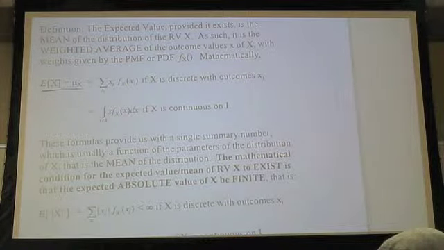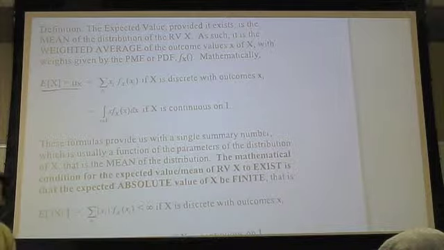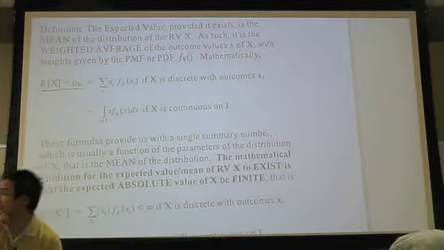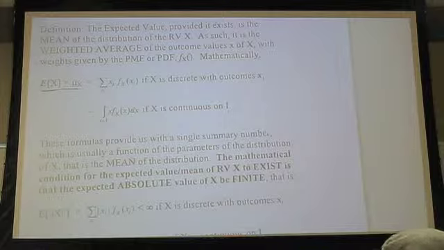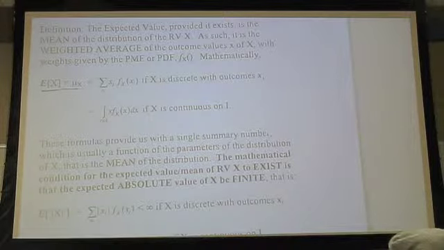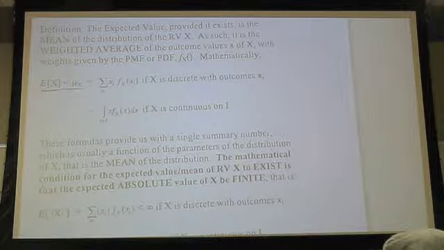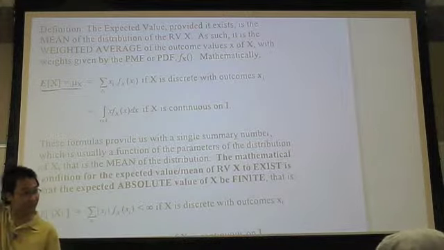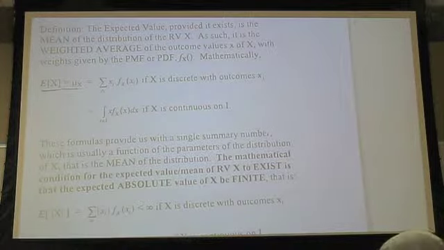And remember, over here, my xi right there is k. And k goes from where to where? For the geometric distribution, it goes from 1 to infinity. Remember that?